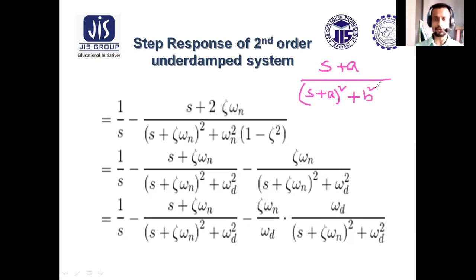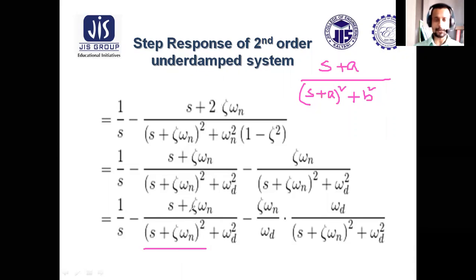This is well known to you that the inverse Laplace of this term is possible. Okay. Similarly, s plus a divided by s plus a whole square plus b square. As in the denominator, s plus zeta omega n whole square is there, zeta omega n can be considered as a. So s plus a whole square plus b square.